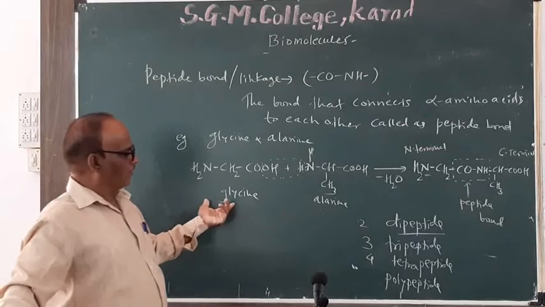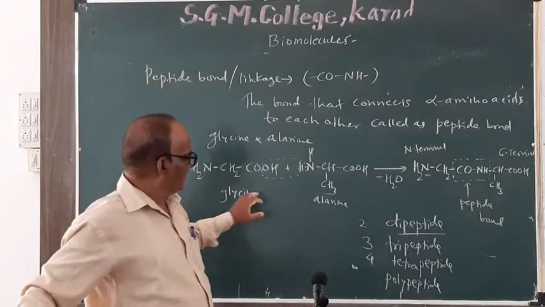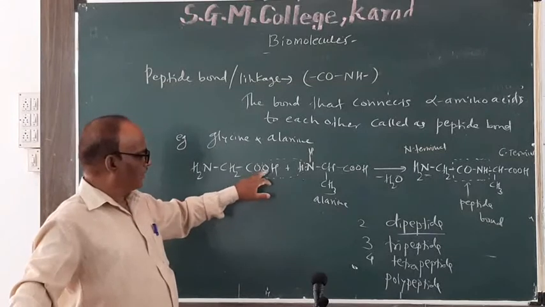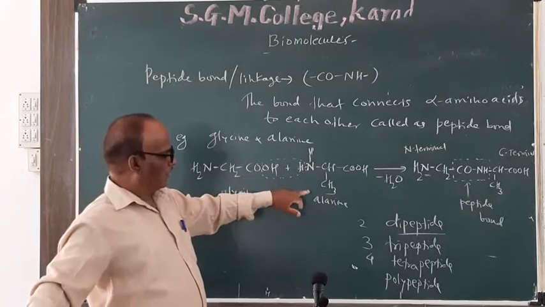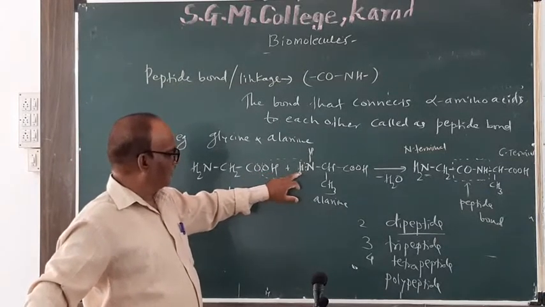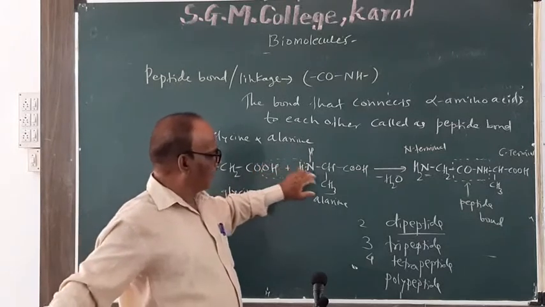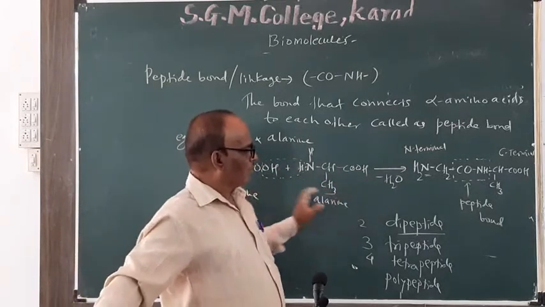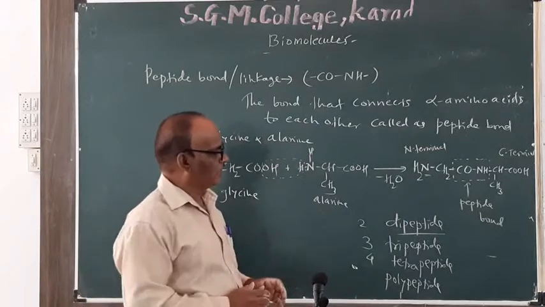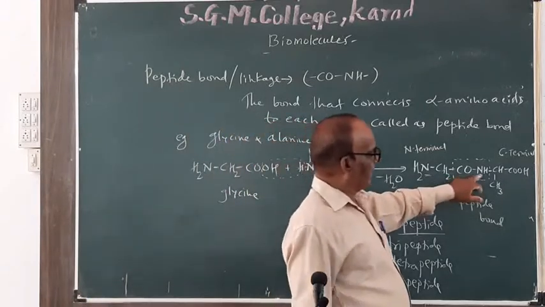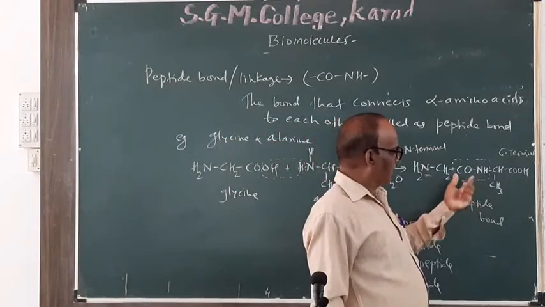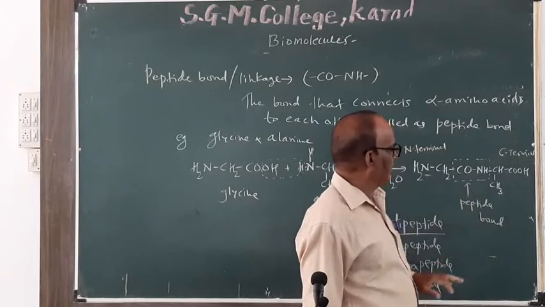So write the structural formula of these two alpha amino acids. Then from glycine, from the COOH group OH, and from alanine, from the NH2 group H. So they combine and are eliminated as H2O, and these two amino acids are joined by CONH linkage. So this CONH linkage is called a peptide bond.